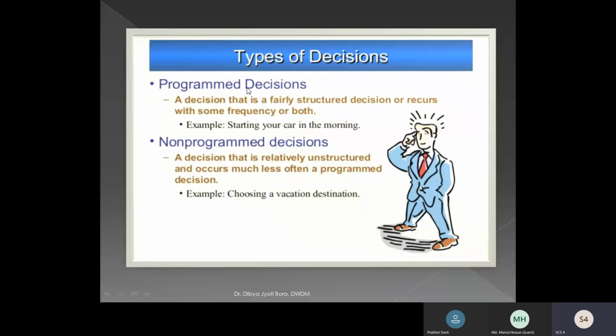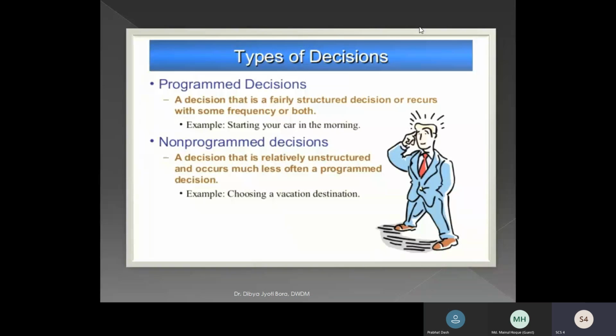On one side you saw that in a program decision, you are doing the same job again and again on a frequent basis, right? But in the other case, just the opposite is going on: it is not structured and it occurs much less often than a program decision.